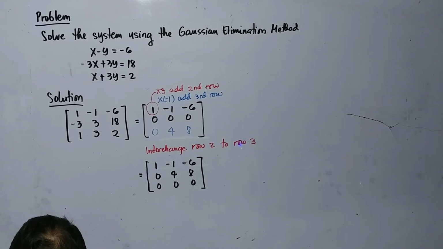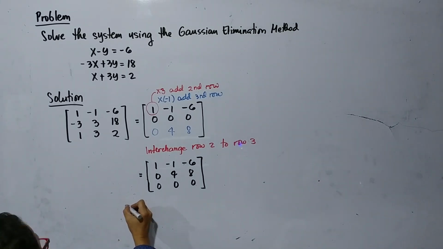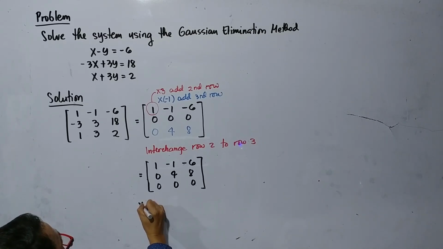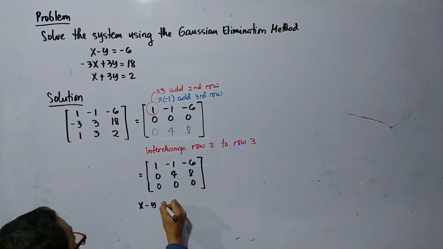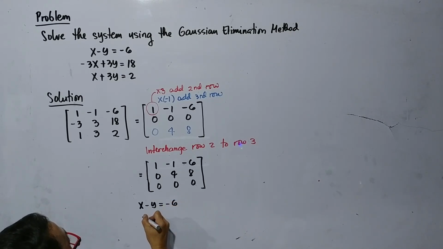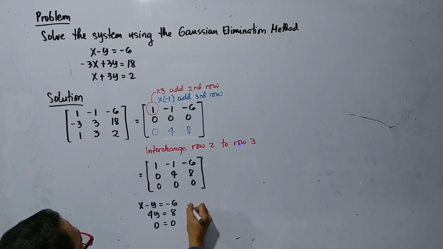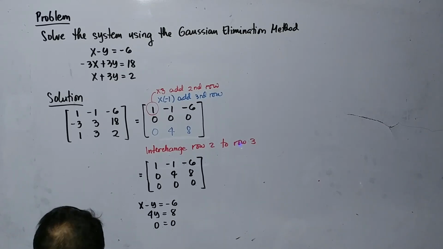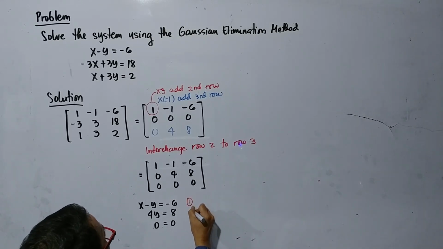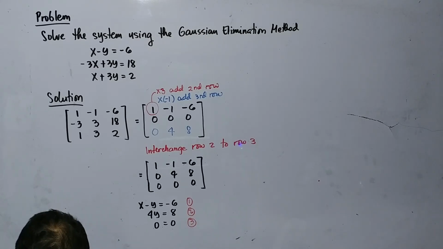So our linear equation now becomes x minus y equals negative 6, 4y equals 8, 0 equals 0. This is our equation 1, equation 2, equation 3.